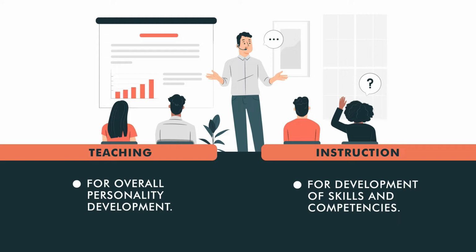On the other hand, instruction is for the development of skills and competencies, generally concerned with both discipline competency, theory, as well as practice, when the discipline or the area of study or the subject or the paper gets applied into context.